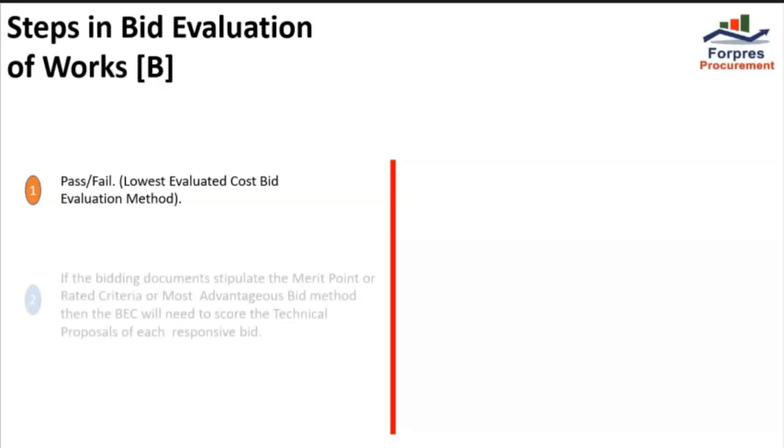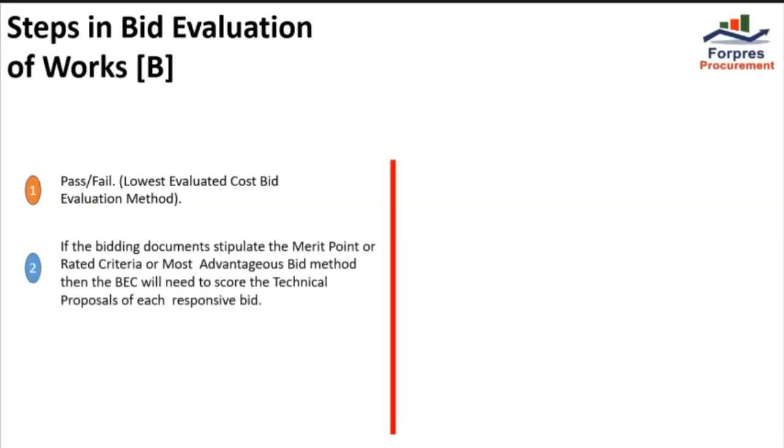The next method is the merit point system or rated criteria technical merit points. If Section 3 of the bidding document stipulates the merit point or rated criteria or most advantageous bid method, then the bid evaluation committee will need to score the technical proposals of each responsive bid.